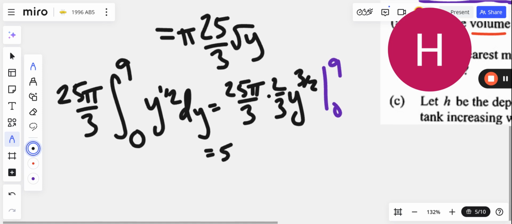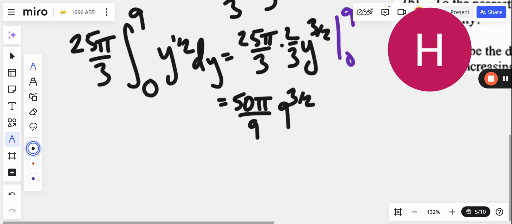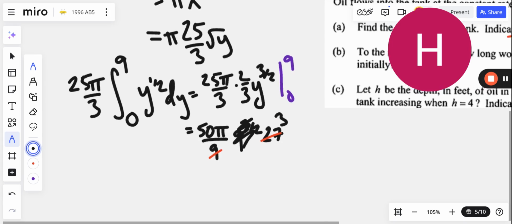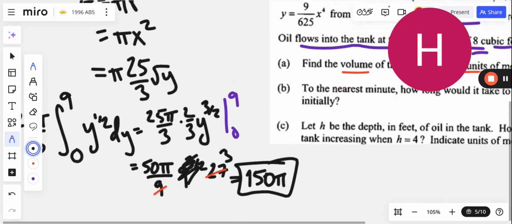But if we plug in 9, this on the top is 50 pi over 9. And then we have 9 to the 3/2. So we have to do the square root of 9 first, which is 3. And then we cube that, which is 27. So this is the same as 27. And that will cancel a bit with the 9. Leaves us with 150 pi. 50 pi times 3.